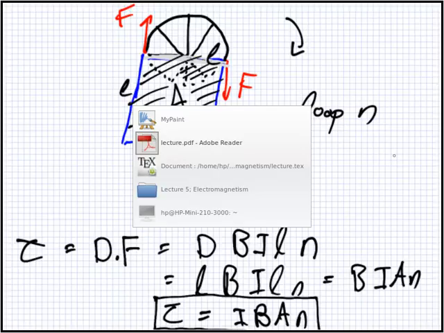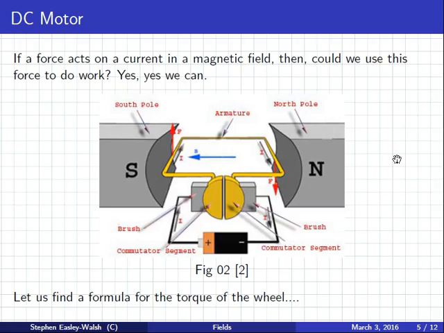Come on, what's wrong with you? Why are you not working? There we go. What did you forget? The A, for armature.